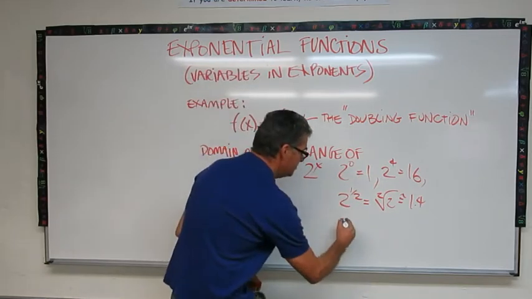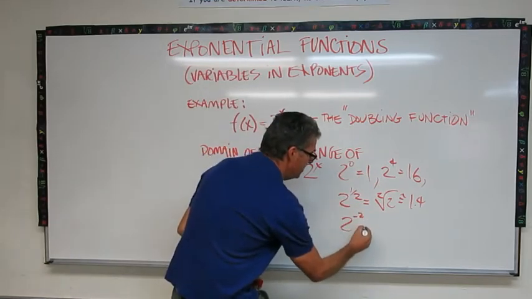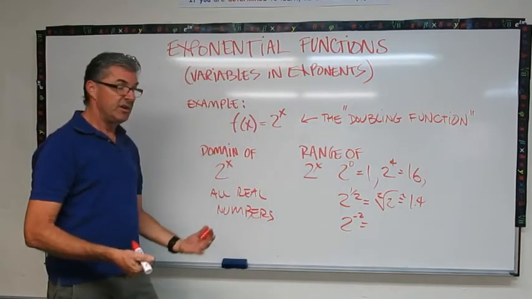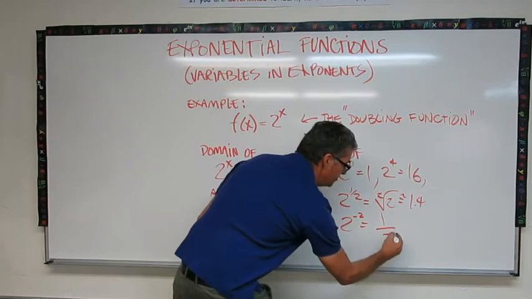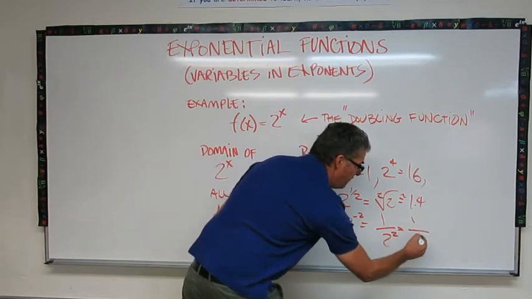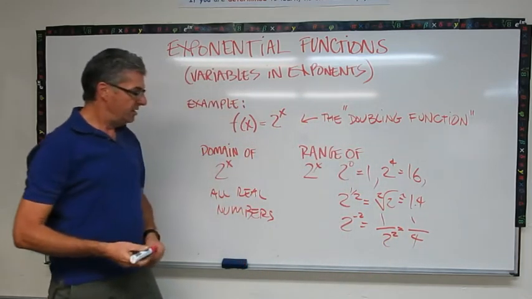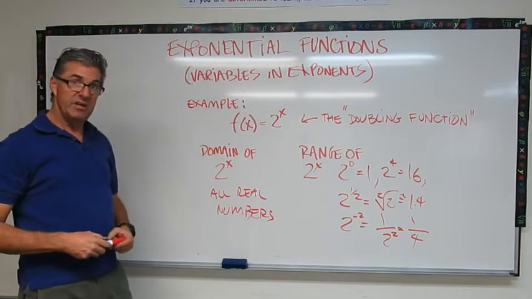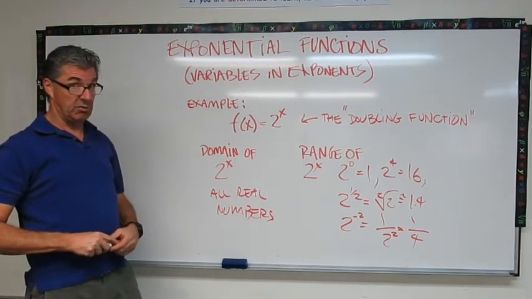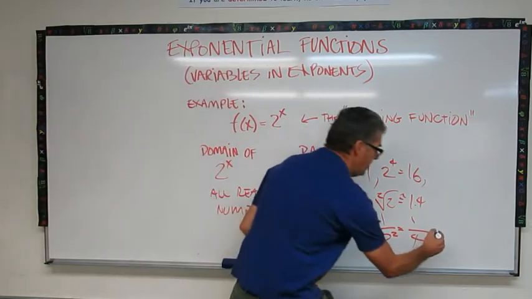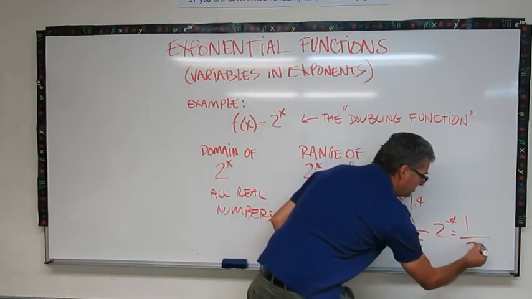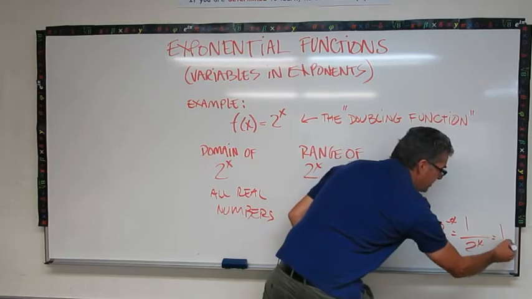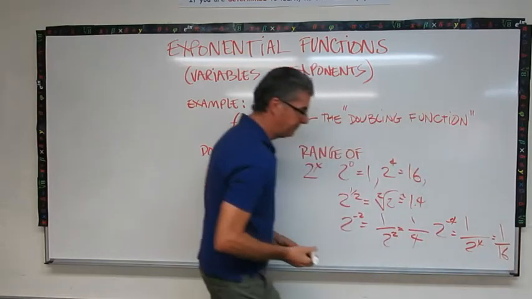Let's try 2 to the negative 2. Now if you remember your exponent rules, the way that works is this becomes 1 over 2 to the 2, which is 1/4. Okay, so I can pick negatives. Let's see what happens if I go bigger with negatives. Let's try 2 to the -4. That's going to be 1 over 2 to the 4, which is 1/16.